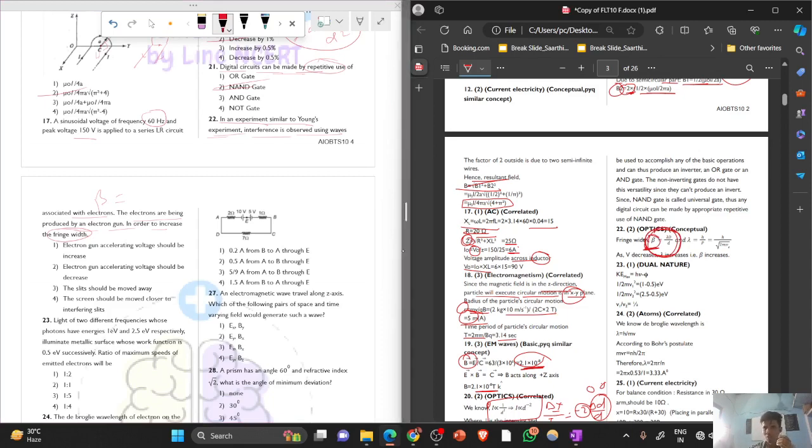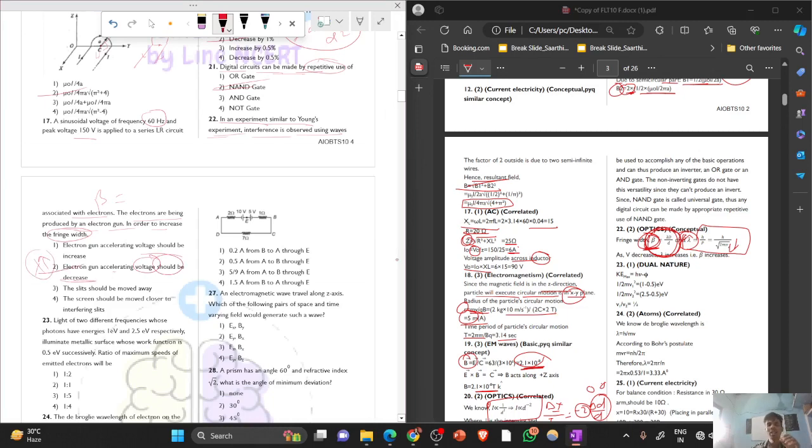Put lambda in this form, and you can easily understand that if V is decreased, lambda will increase, and hence beta will increase. So the correct answer will be that the voltage should be decreased. If the oscillating voltage decreases, your lambda will increase, and once your lambda increases, your fringe width will increase.